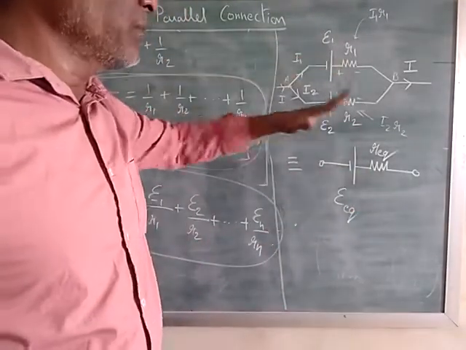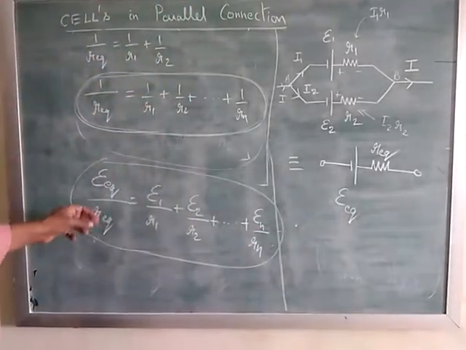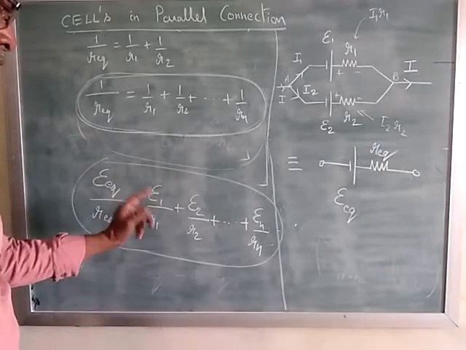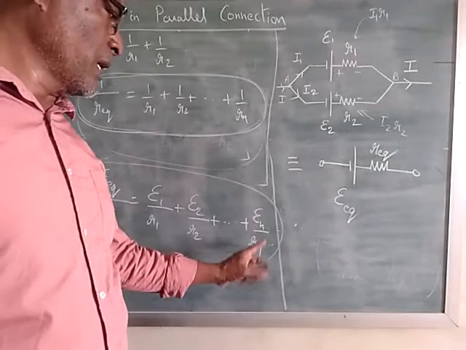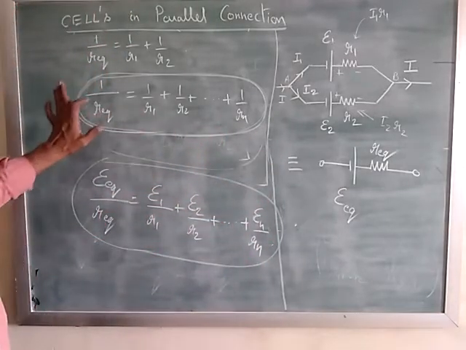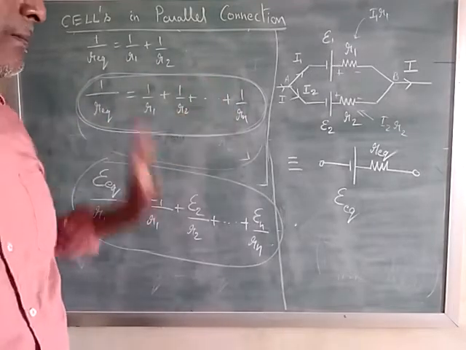Suppose if you have n number of sources, E equivalent is given by this formula. E equivalent is equal to R equivalent into (E1 by R1 plus E2 by R2 plus up to En by Rn), close the bracket. And for R equivalent, 1 by R equivalent is equal to 1 by R1 plus 1 by R2 plus up to 1 by Rn.